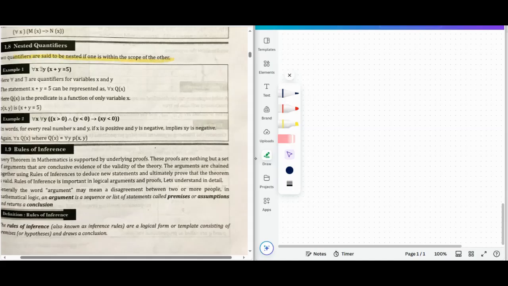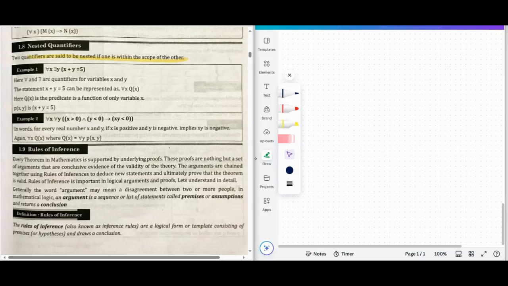For example, here: for all x there exists y such that x plus y equals 5.